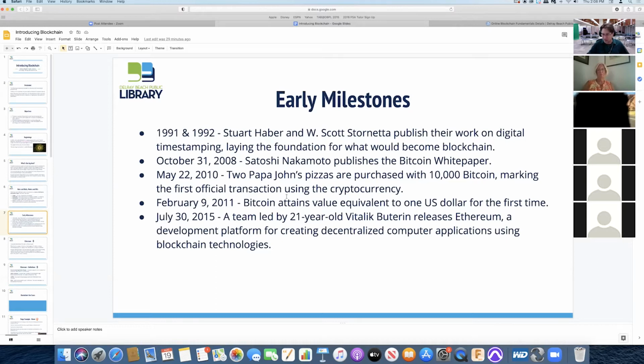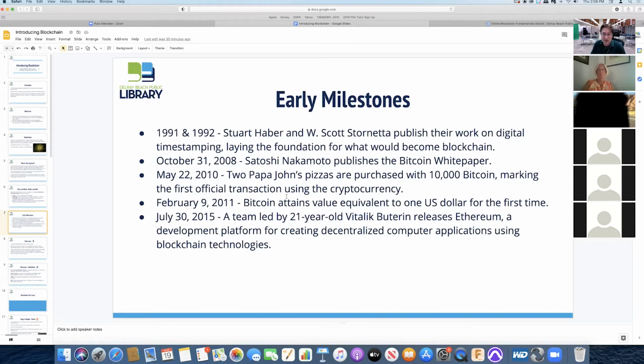Blockchain is based on this idea that you have timestamps for transactions that occur, and they can't be changed. Haber and Stornetta came up with the methodology for how to make that happen. And that influenced Satoshi Nakamoto, who put that together with some other research to form Bitcoin, the world's first digital currency.